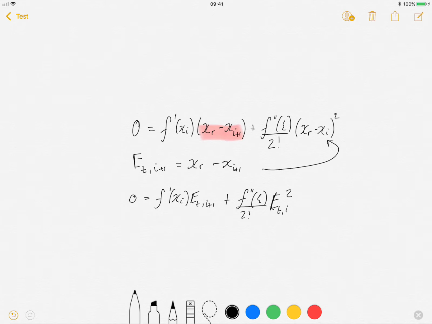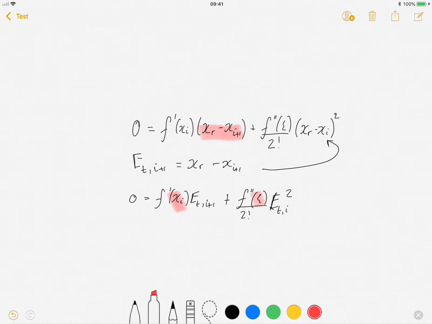Now here we're assuming that there's going to be convergence. So both x_i and our average value epsilon should eventually be approximated by the root.